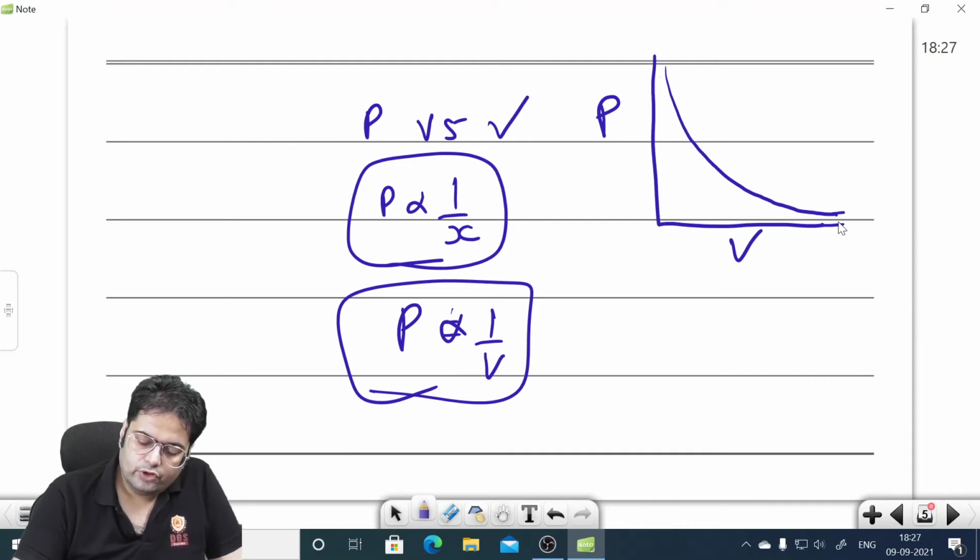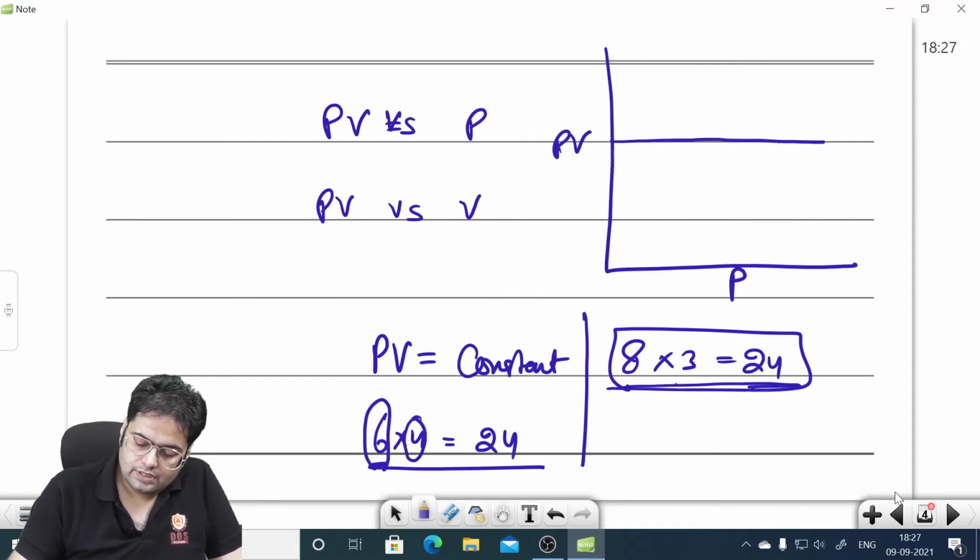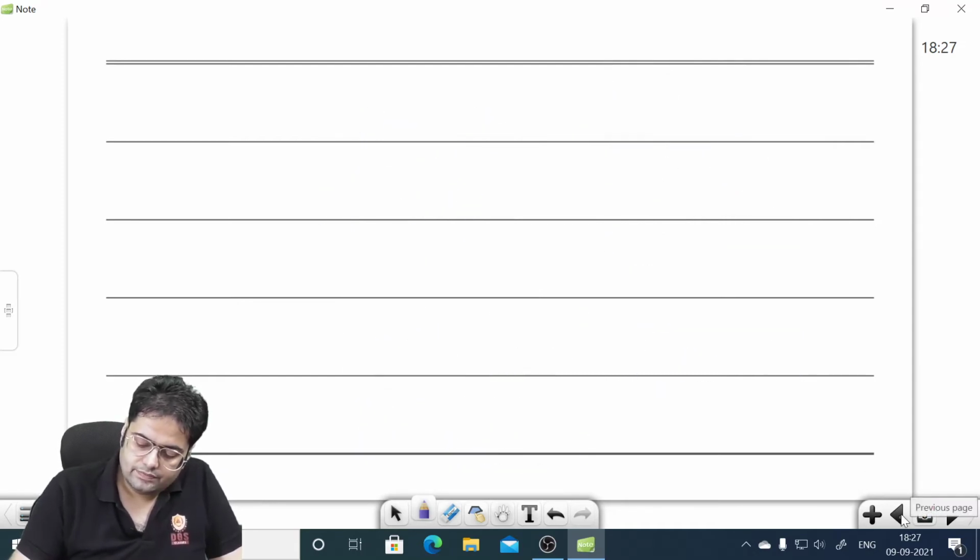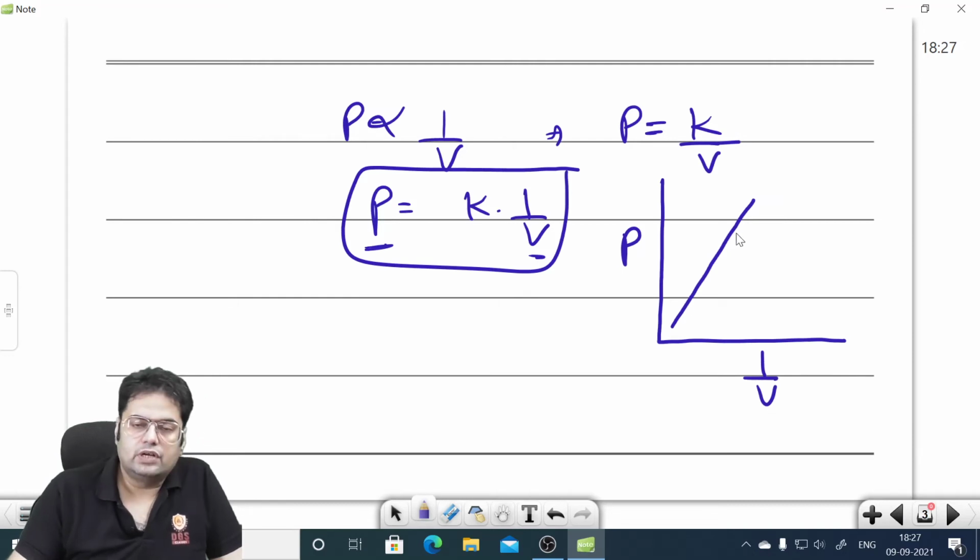So at very high volume, the pressure will be minimum. This is what the relation is. But again, mind it, temperature will be constant at each point of this line.